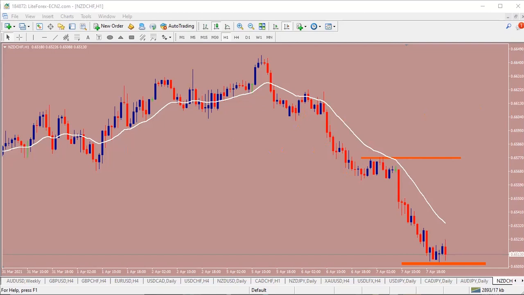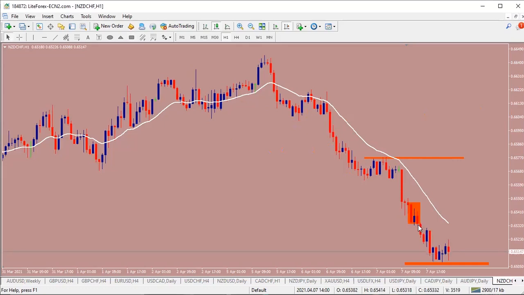Now, let's take this. Look at this point. This is 1 hour, right? I want us to look at that bullish bar. Are you here with me? Yes, sir. Now look at this bullish bar.